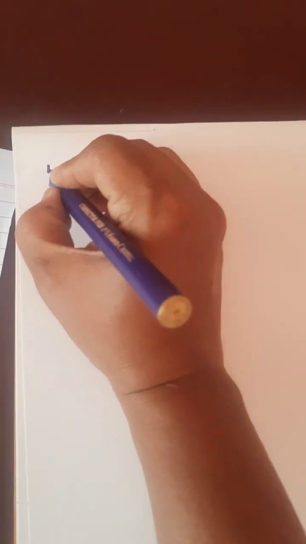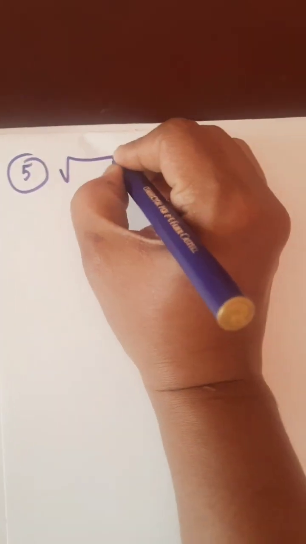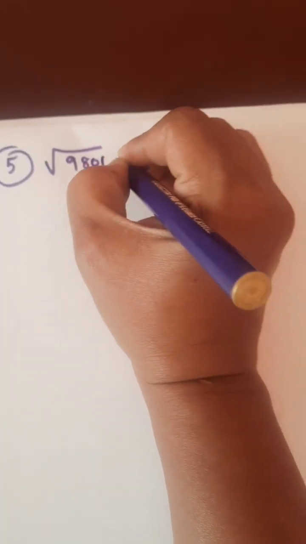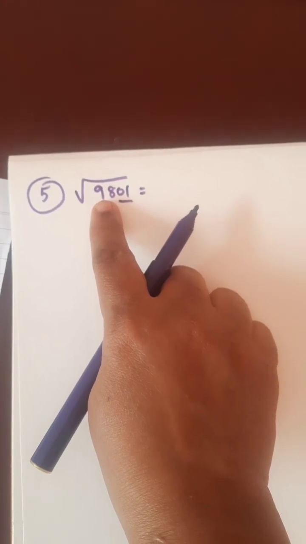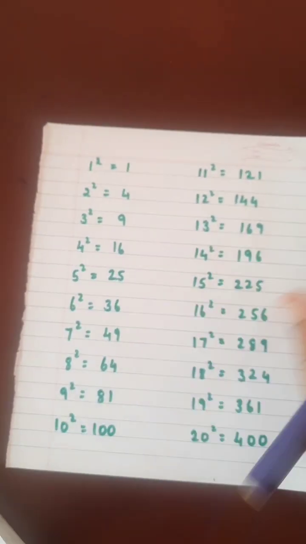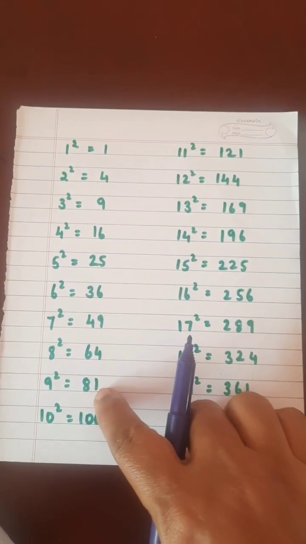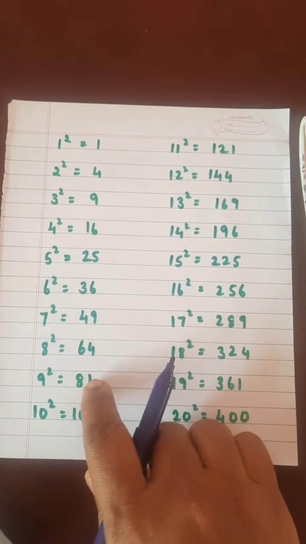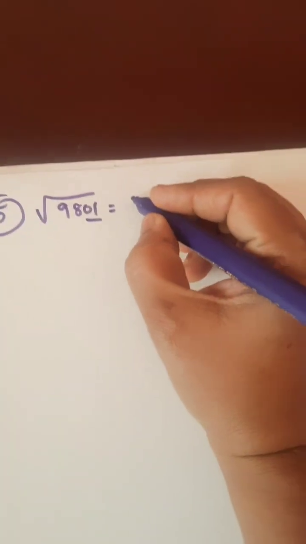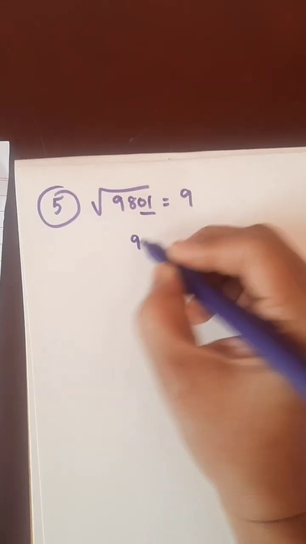One more example I will give you. Root of 9801. Here also we segregate the last two digits and take 98 and check in the table where it is falling. It is nearest to 81, the square of 9. So we will write 9 here. Now 9 is fixed.